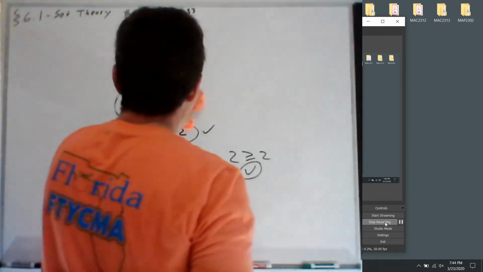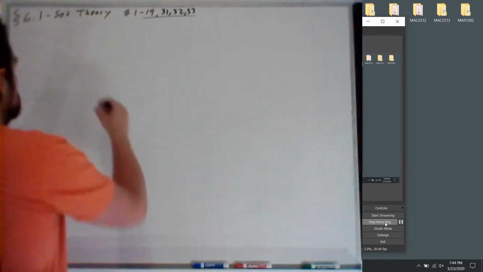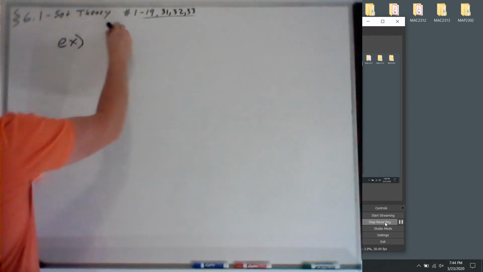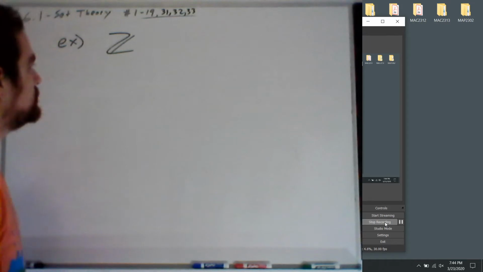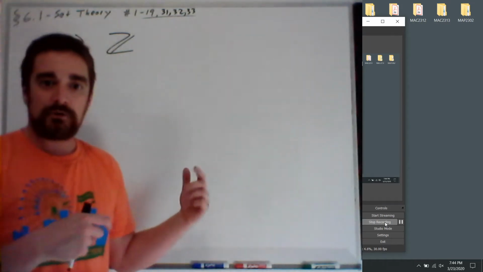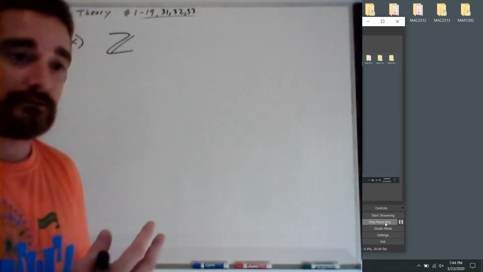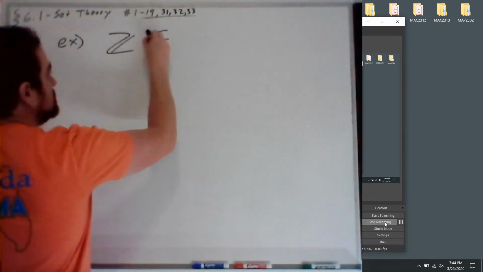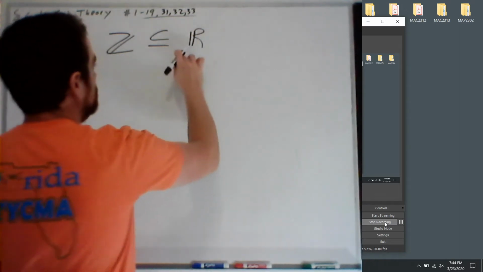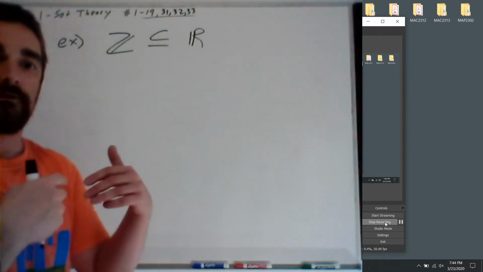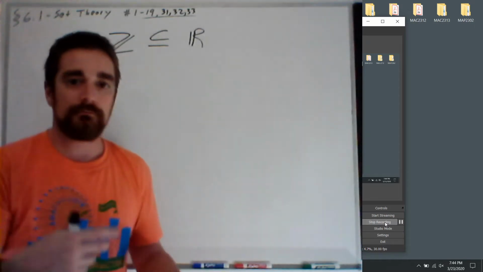Now, as an example, let's say we look at the set of integers. Right, we use this fancy Z notation. This script Z represents the set of integers, all the positive and negative whole numbers and 0. That is a subset of the real numbers. Right, the real numbers have all the integers, all your fractions, irrational numbers, pi, e.